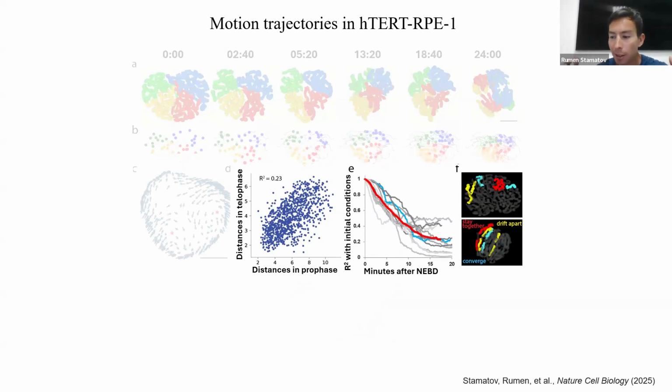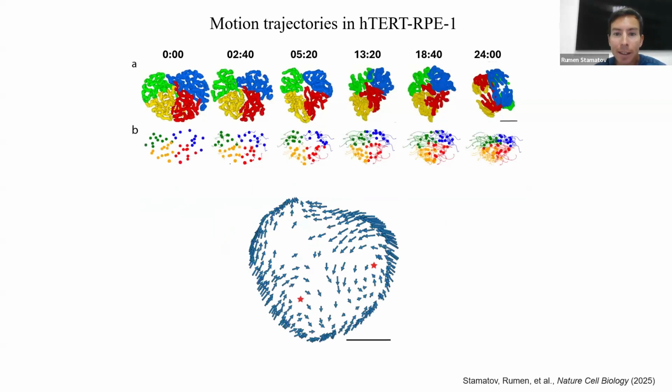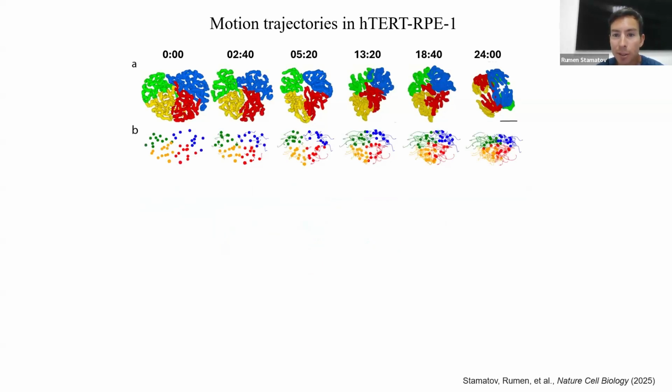And chromosomes which are initially distant, but ended up as neighbors later in anaphase. And we can even plot the positional correlation as a function of time. And we see that this correlation is getting weaker over time, which means that even though we have apparent conservation of the positions by looking at these clusters, inside the clusters, there is some intermingling.